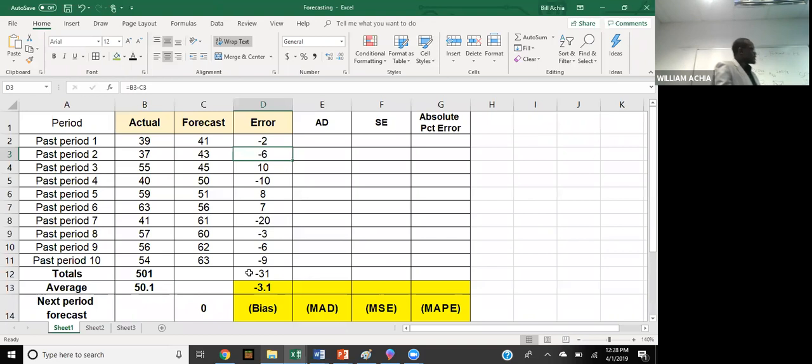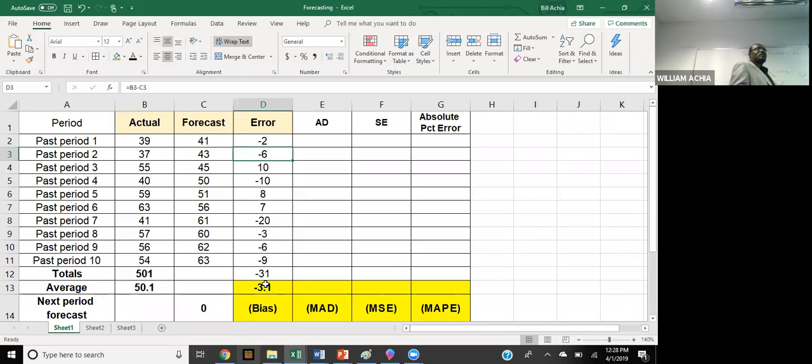Okay. So this number, this -3.1, should be a number that you want to have ideally equal to zero. If it's greater than 0, then it means that your actual demand is usually trending higher, okay, and that you might need to up your forecast a little bit so that you bring your forecast in line with your actual demand. Okay, so that's basically what the bias does.